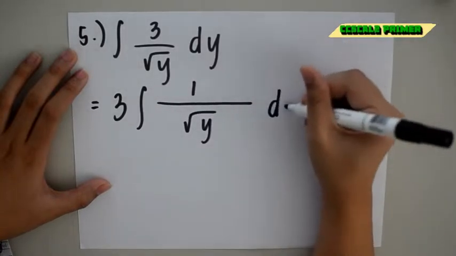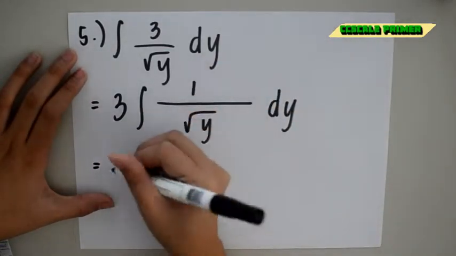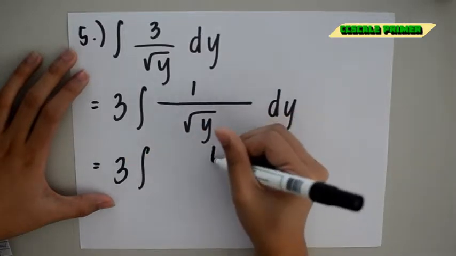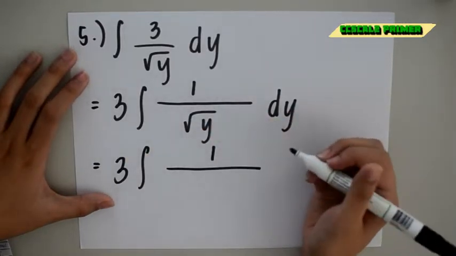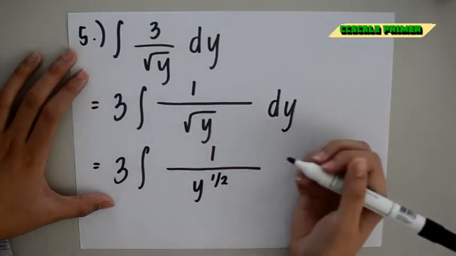For the next step, let us recall that the square root of x is equal to x raised to 1/2. With that being said, the expression now becomes 3 times the integral of 1 over y raised to 1/2 dy.